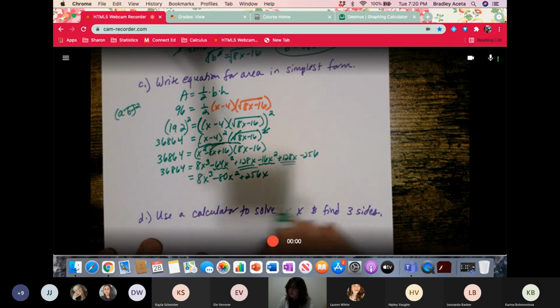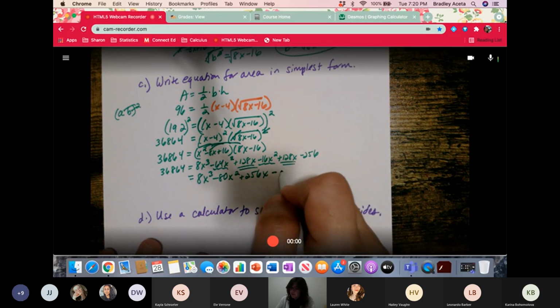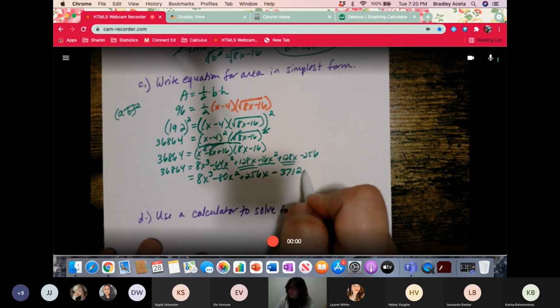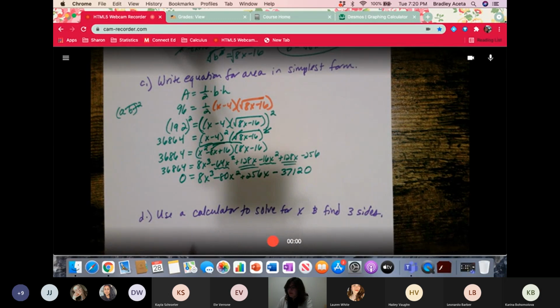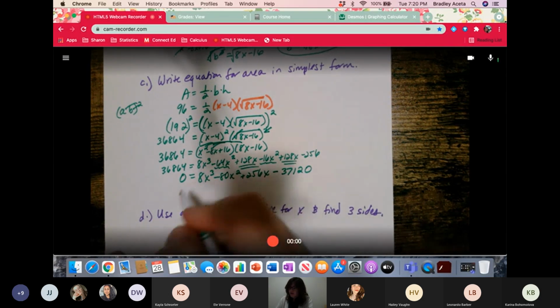So I'd have minus 36,864 minus 256, which makes negative 37,120 equals 0. Now, shockingly enough, every single one of these numbers is divisible by 8. And that would actually be the simplest form, to divide every single one of them by 8.